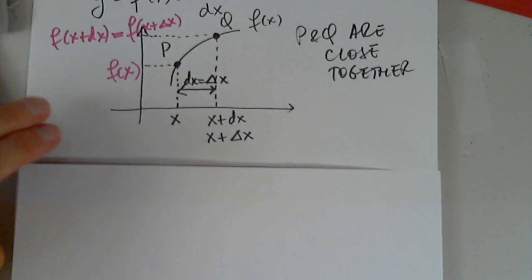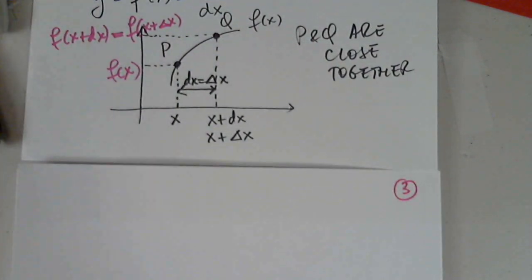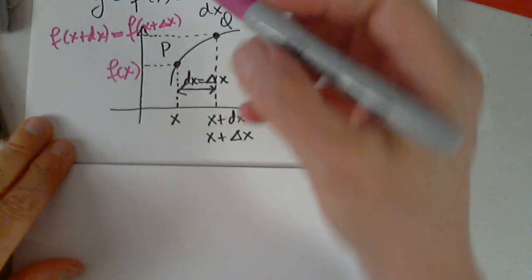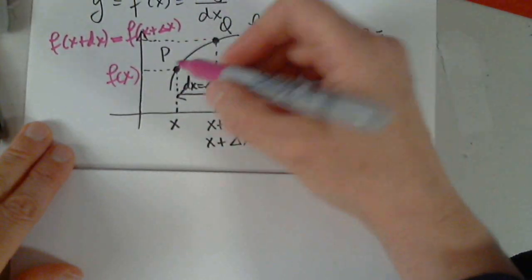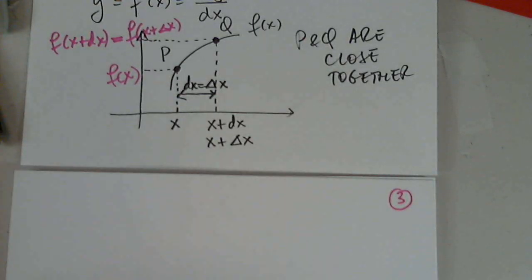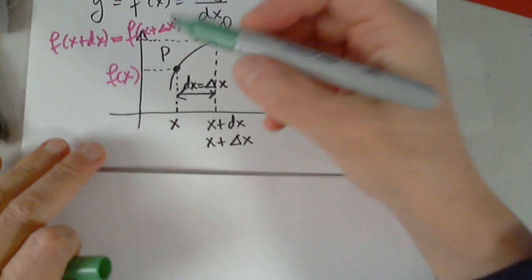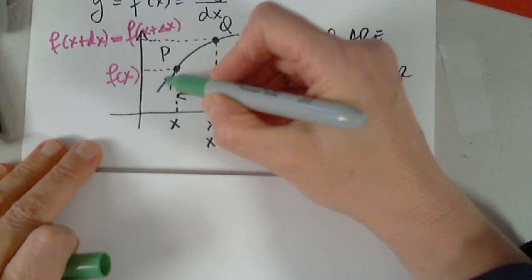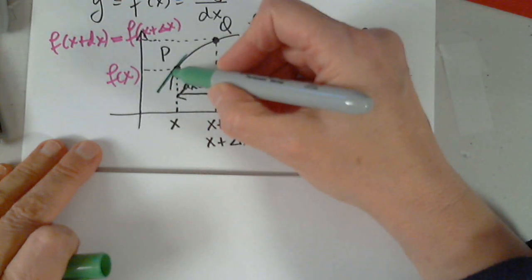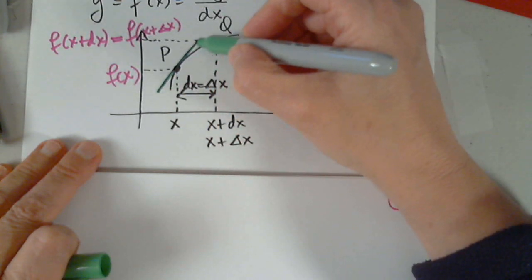Now, looking back at the graph, I'm going to draw a tangent to P. Here is the tangent, and I'm going to extend it.